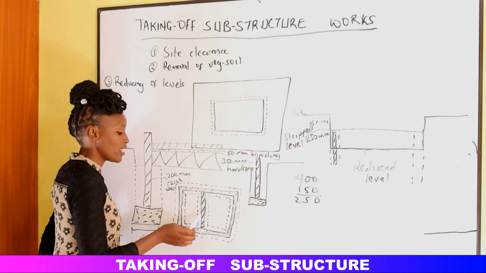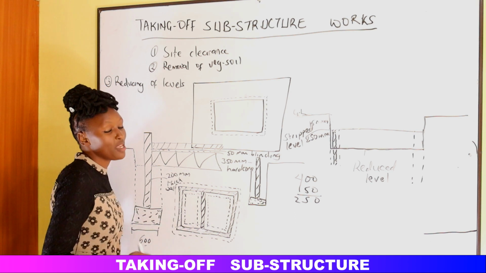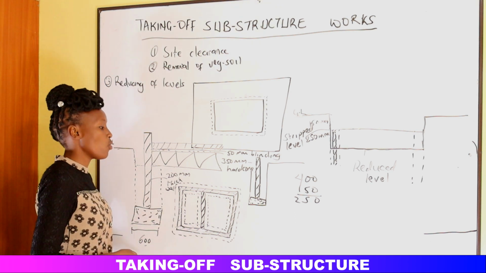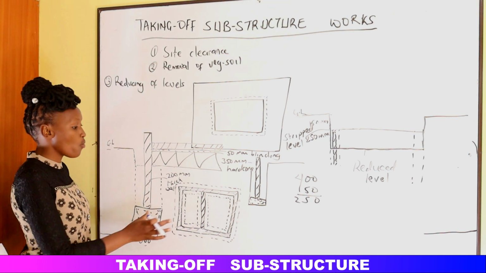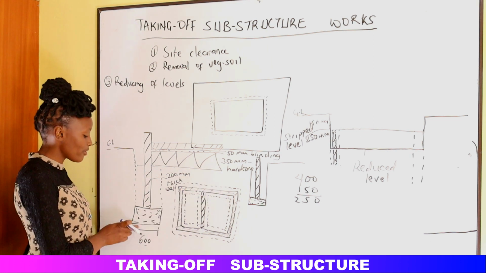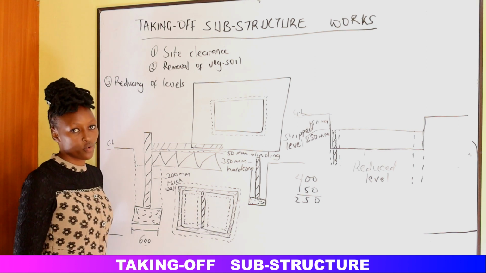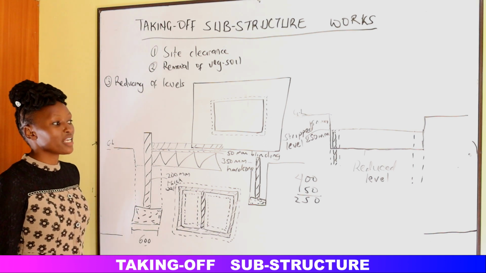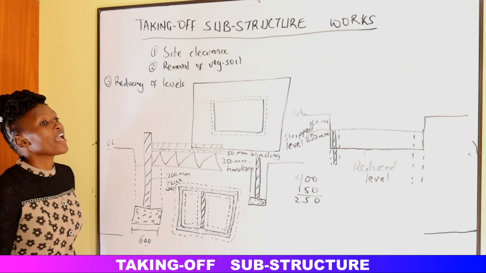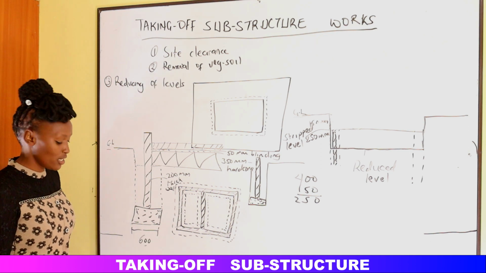So you'll take the length from here to here, times the width of the trench, maybe 450, times the depth of the wall. In case the depth for the internal wall is different from the one for the external wall, you will take the depth of the internal wall. Alright? So that brings us to the end of the excavation for the foundation trenches.